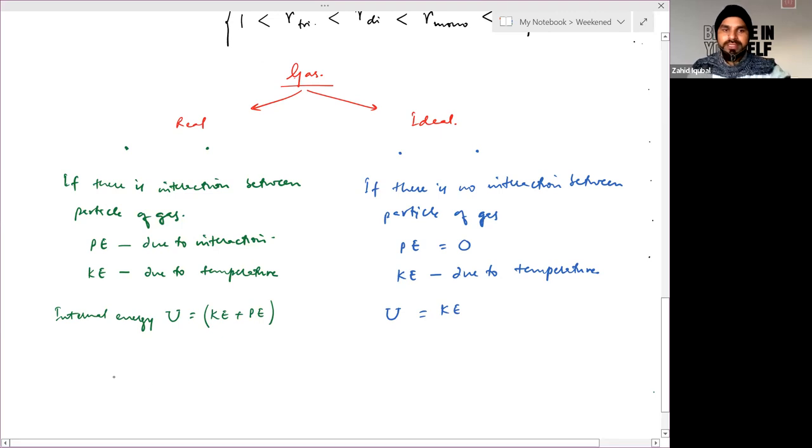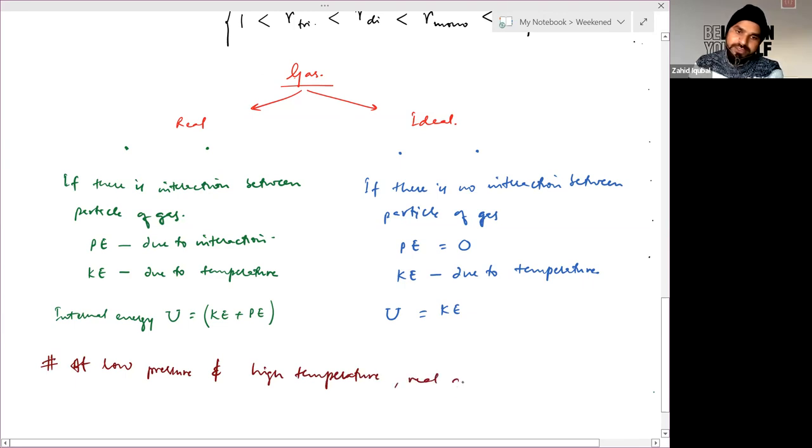So from this we can conclude: at low pressure and high temperature, real gas will tend to behave as ideal.